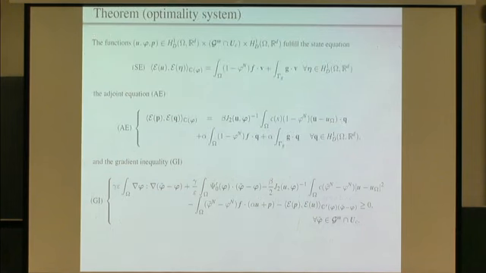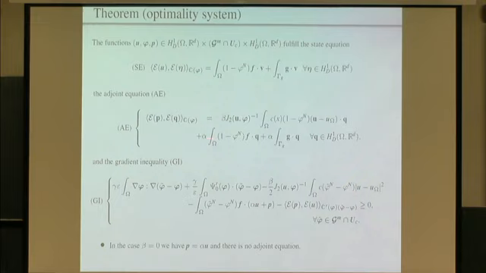So we have the following optimality system: our state equation, an adjoint equation, and the gradient inequality. I should also mention that if beta equals 0, where beta is the term in front of the L2 error between our state and the target displacement that we want to minimize, then that term disappears, and we just have that the adjoint equation is exactly the same as the state equation, apart from being multiplied by an alpha.